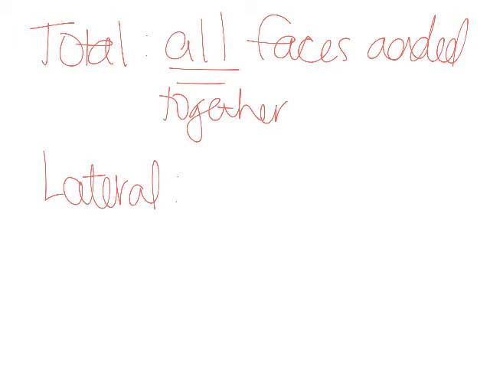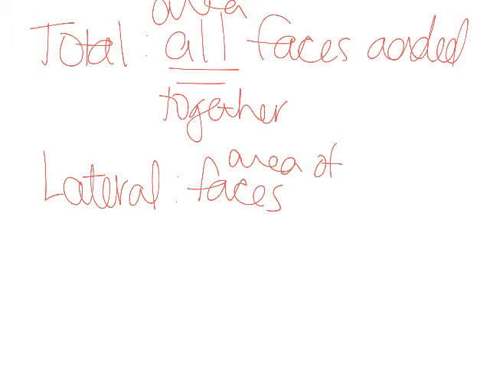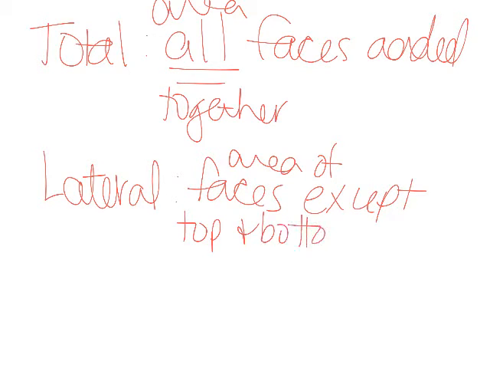It's the area of all faces except top and bottom, which we are going to call the bases. Because remember, the top and the bottom are the exact same thing. So if you were to turn it over, the base would be the same, whether it was on its top or whether it was on its bottom.